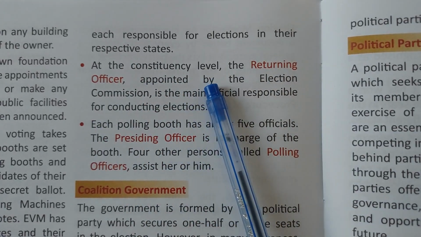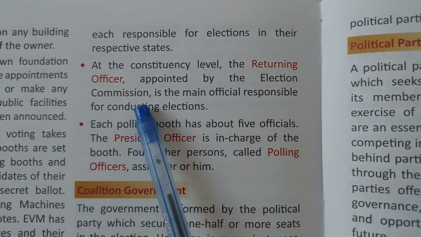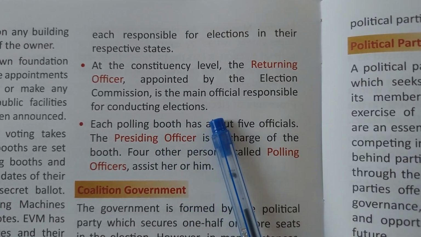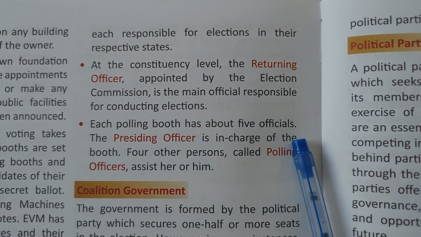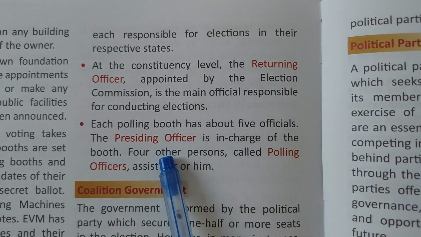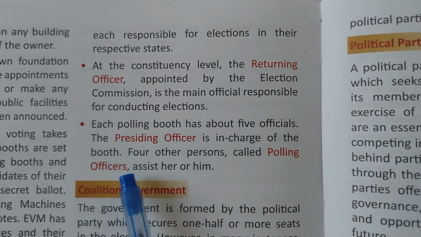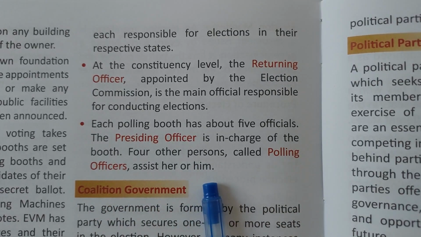At the constituency level, the returning officer appointed by the Election Commission is the main official responsible for conducting elections. Each polling booth has about 5 officials. The presiding officer is in charge of the booth. 4 other persons called polling officers assist her or him.